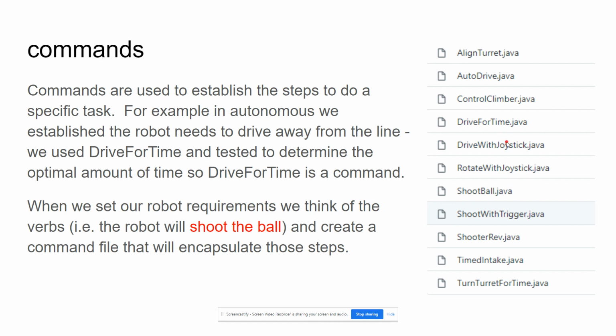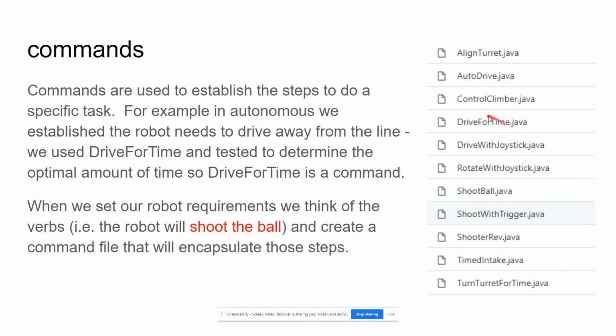So in future years, I'm going to use, for example, FIRST Steamworks. In FIRST Steamworks, the robot had to be able to drive around the field, and it had to be able to pick up gears and deliver gears.